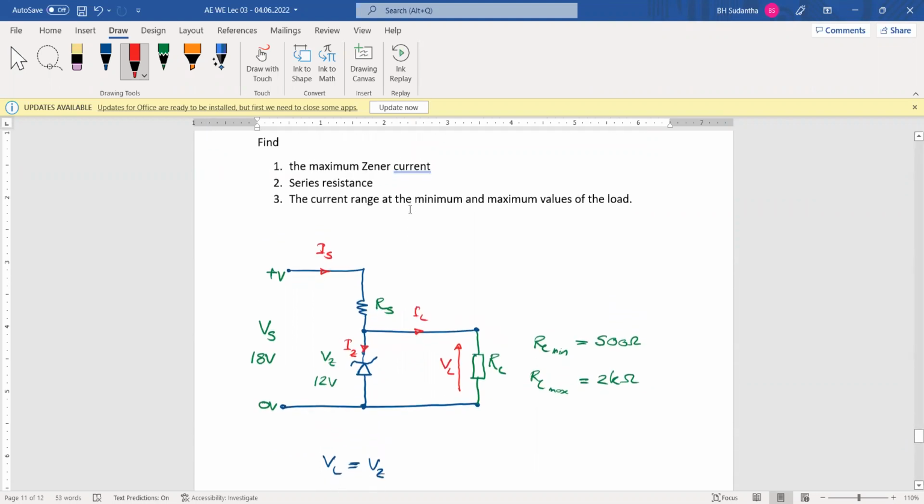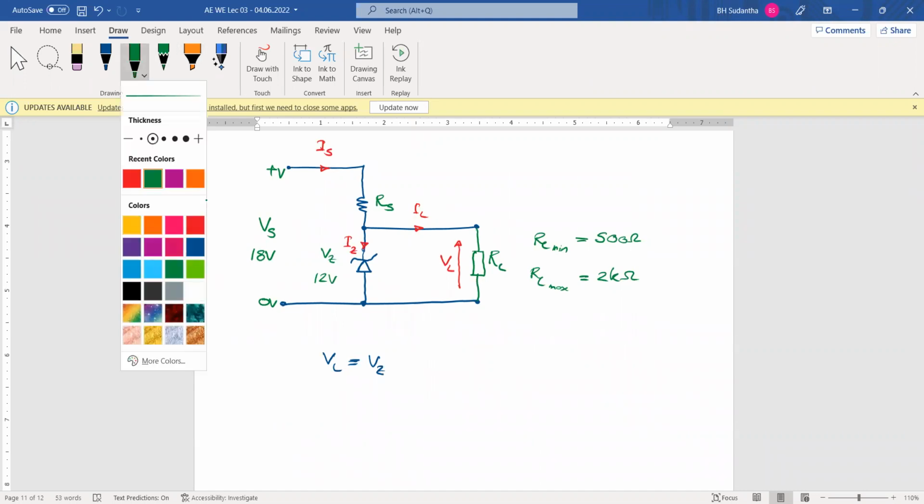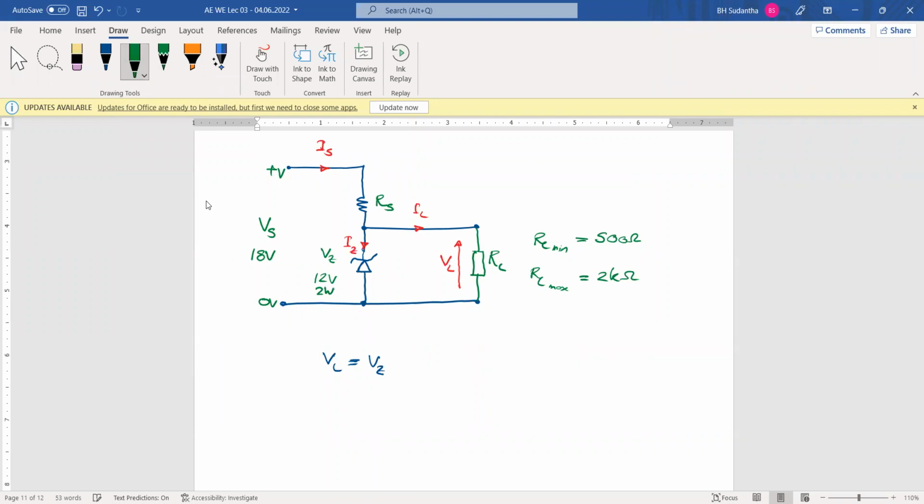The maximum Zener current we can calculate, because we know this is a 2 watt Zener.